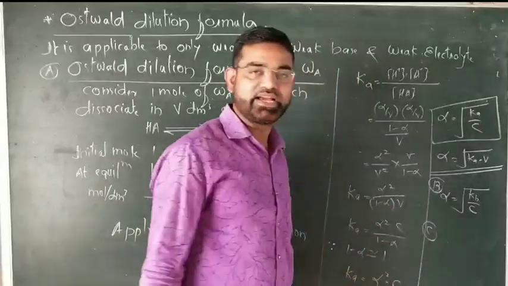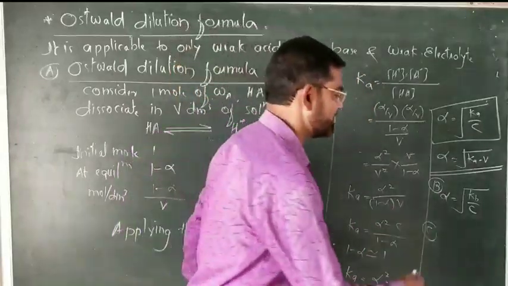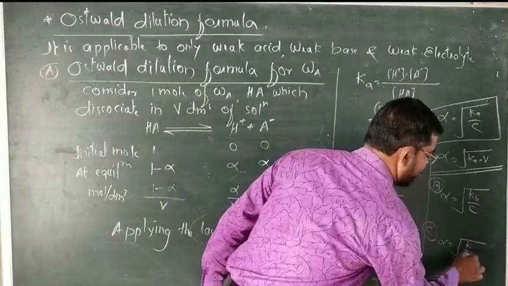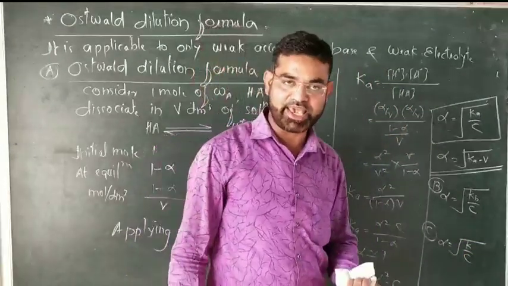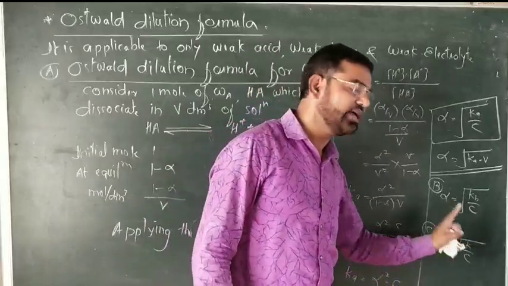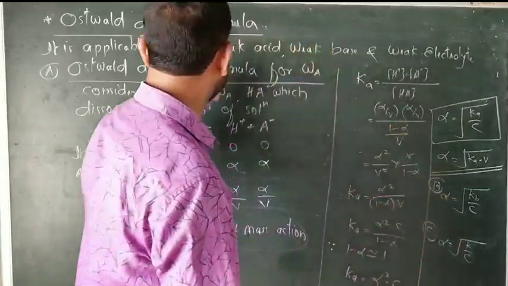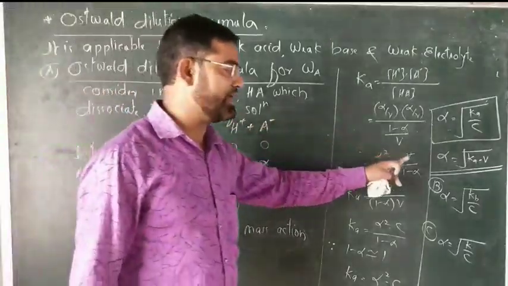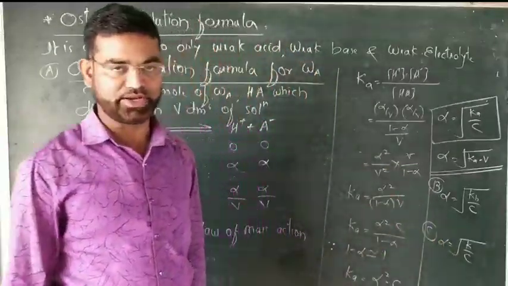Similarly, for weak electrolyte, means for weak salt, alpha is equal to under root K upon C. There is no Ka, not Kb, only K. This is the Ostwald dilution formula for weak acid, for weak base and for weak electrolyte.